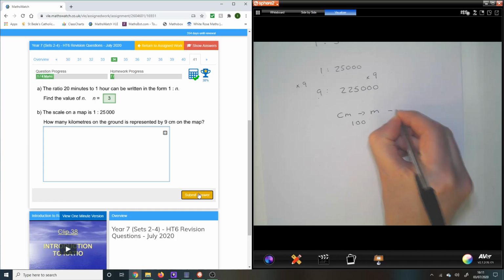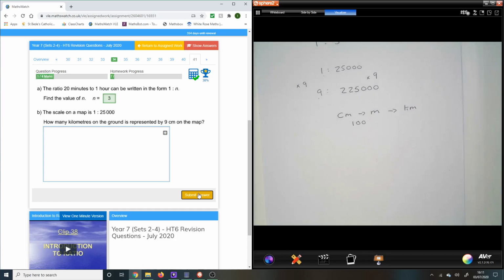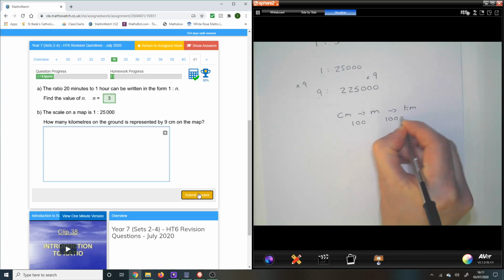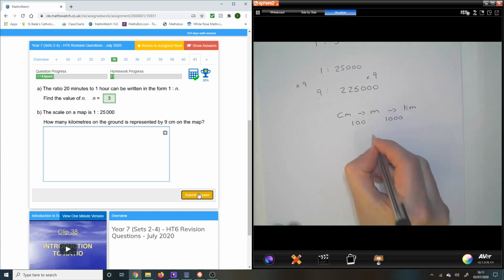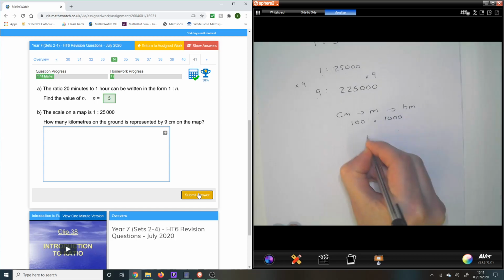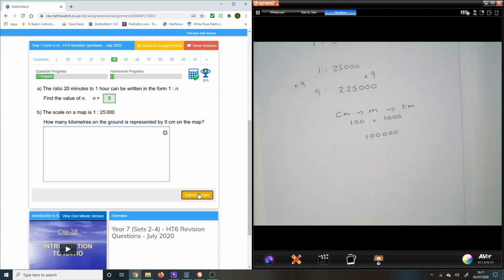And then if we do meters to kilometers, kilo means 1,000, so there's 1,000 meters in a kilometer, which means if we times those two together, there are 100,000 centimeters in a kilometer.